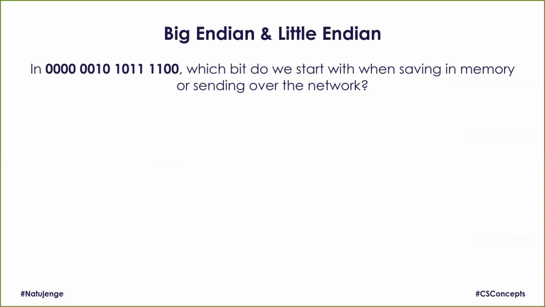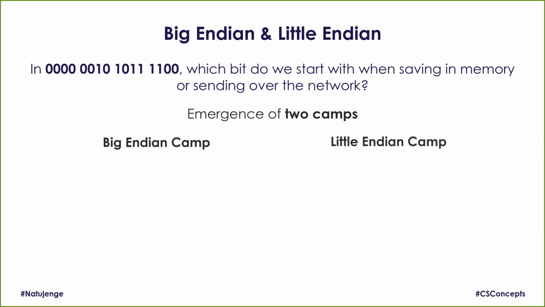Now, that allows us to move to an exciting concept, Big Endian and Little Endian. The question has been, given the series of ones and zeros, when you're sending over the network or even saving in memory, which bit do you start with? And there are people that have never agreed. We have 2 camps, and the first camp is called the Big Endian camp, and the other camp is called the Little Endian camp.